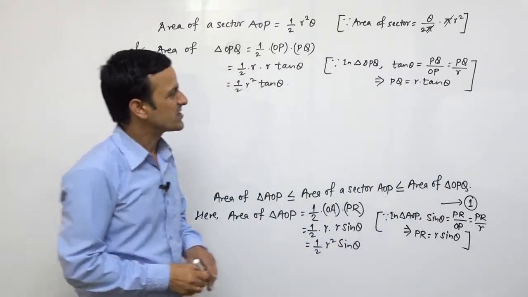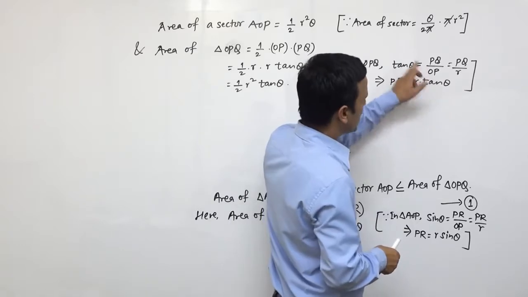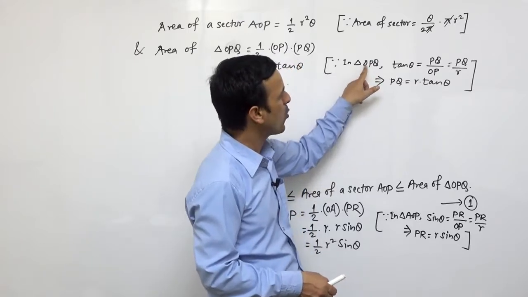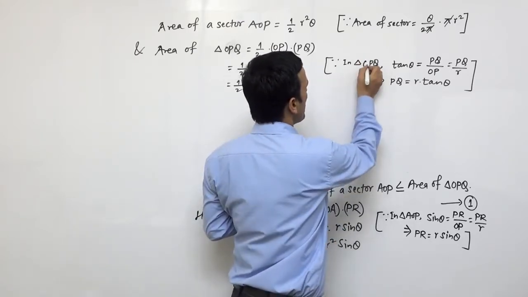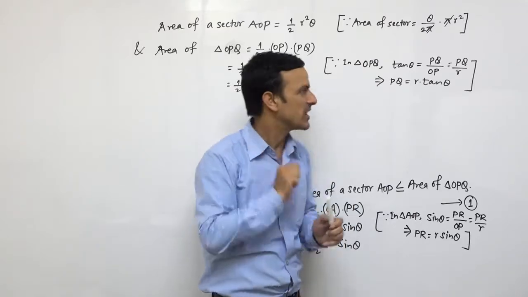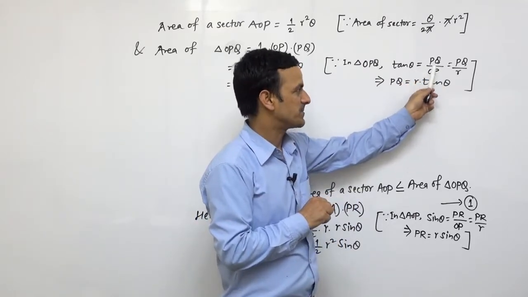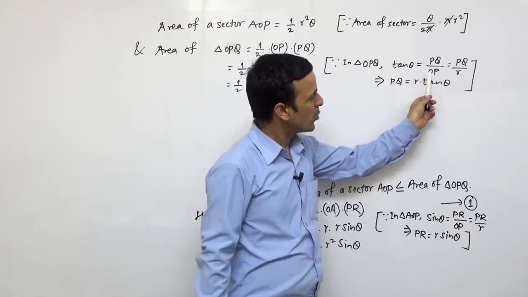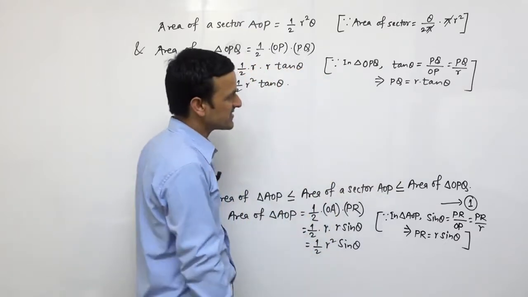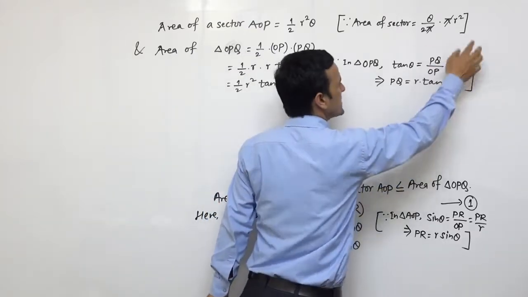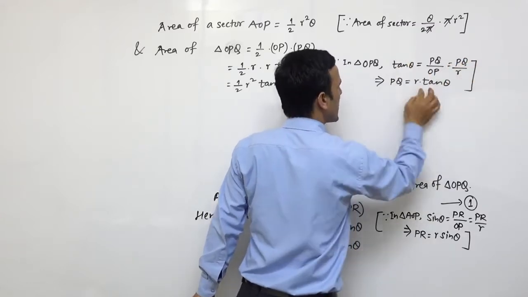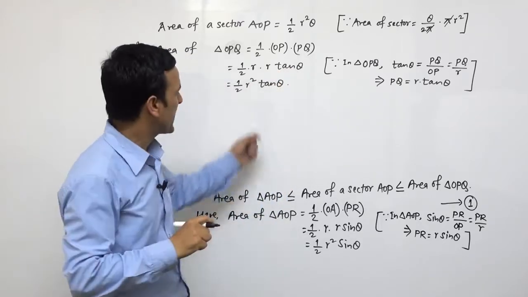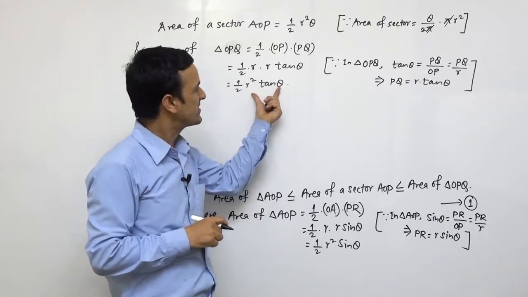From the figure we just made, in triangle OPQ, the value of tan theta is perpendicular by base, P upon B. In place of P we put PQ and in place of OP we put r. OP is the radius, and cross multiplying we get PQ equal to r times tan theta. So the area is half r square tan theta.